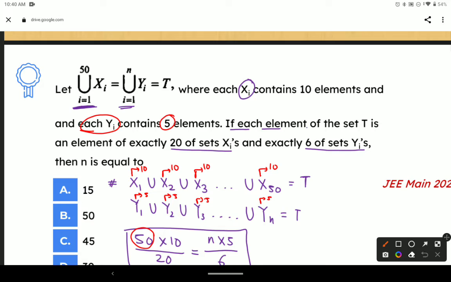See here, first observe: number of sets of x, here 50, number of sets of y, here n.